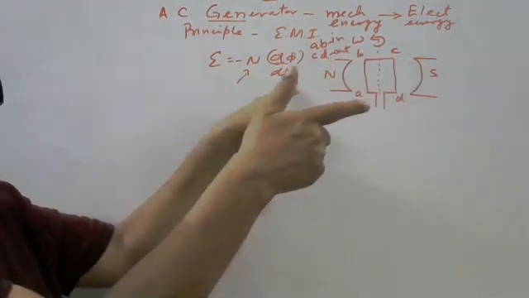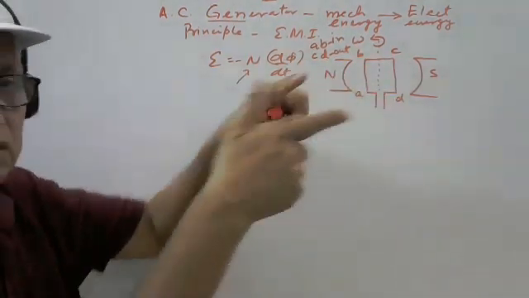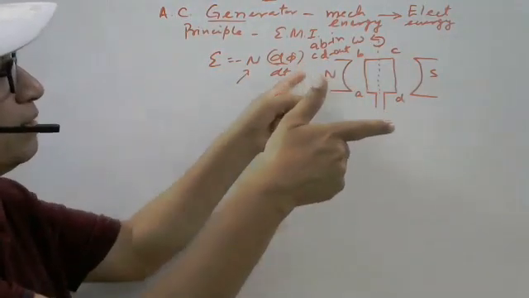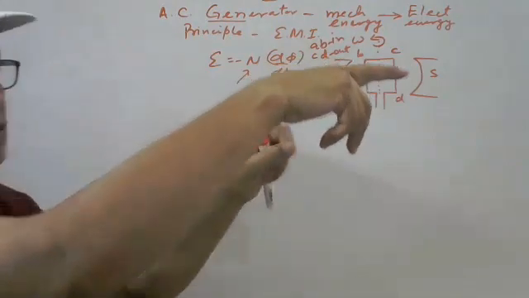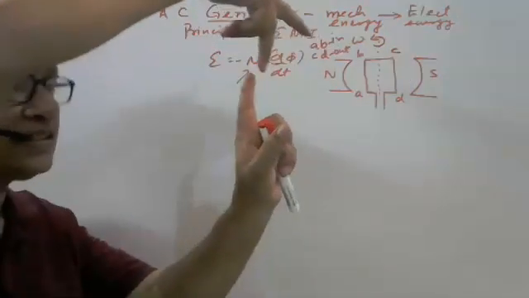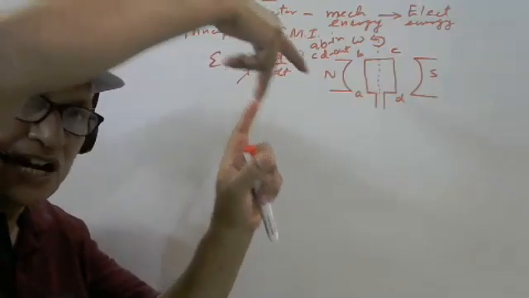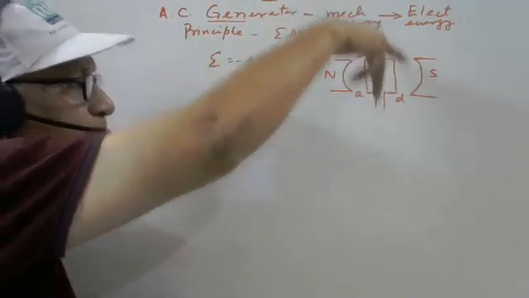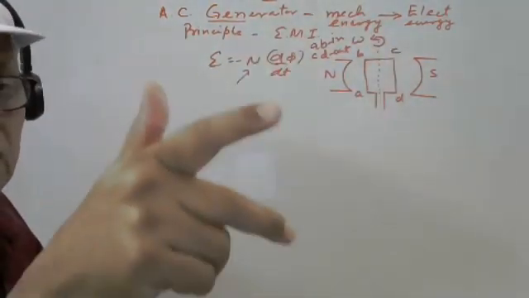Suppose here we are taking north to south, this is the magnetic field, and AB is going in, so this thumb, or motion, is inward. This middle finger will tell you the direction of current, so the direction of current in AB is B to A using the right hand rule.